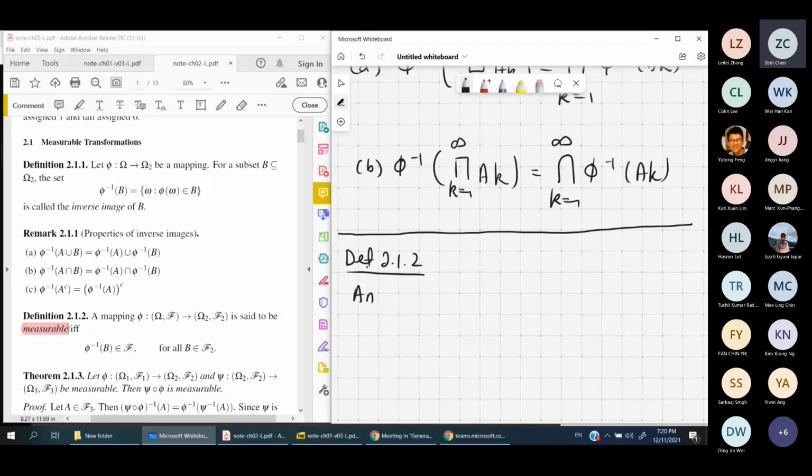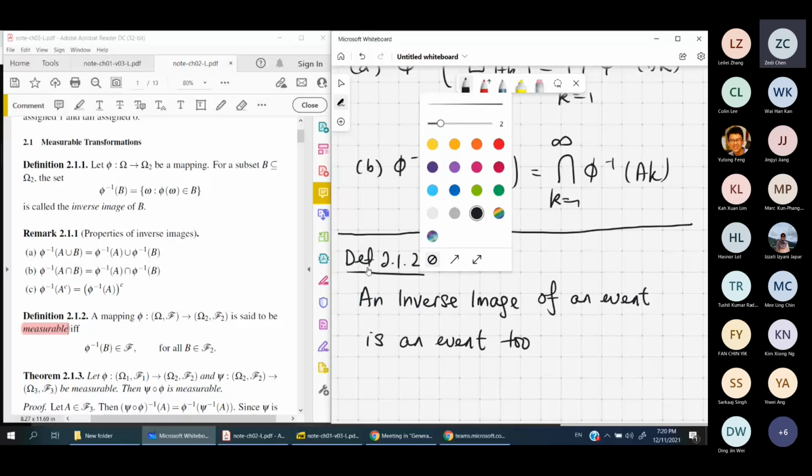An inverse image of an event is an event too, under a measurable function.